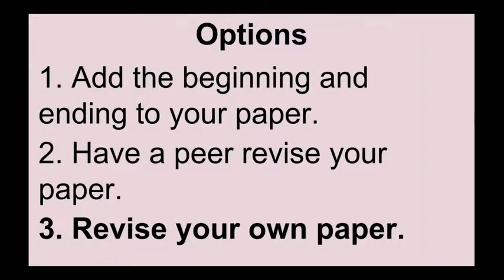Final thing you can do is revise your own paper. That is looking back at your own paper, looking for spelling, grammar. Sometimes those red squiggly lines will indicate spelling. But grammar and flow and sentences and paragraphs and capitalization are things you're going to have to look at on your own.